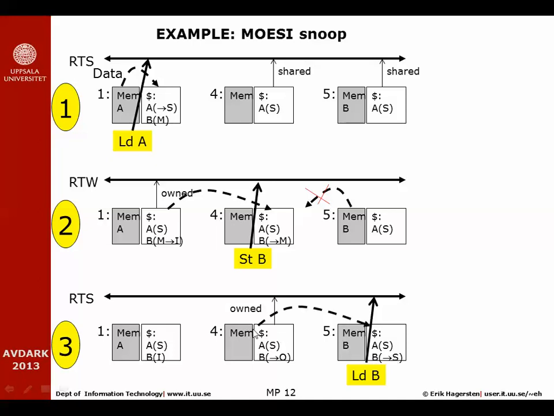And the data will now be provided by the cache in the middle. In this situation, there was no data to cancel because this time the memory wasn't that quick to reply, so we actually managed to see that the own was asserted before it even managed to arbitrate for the data bus. So this was an easy situation.